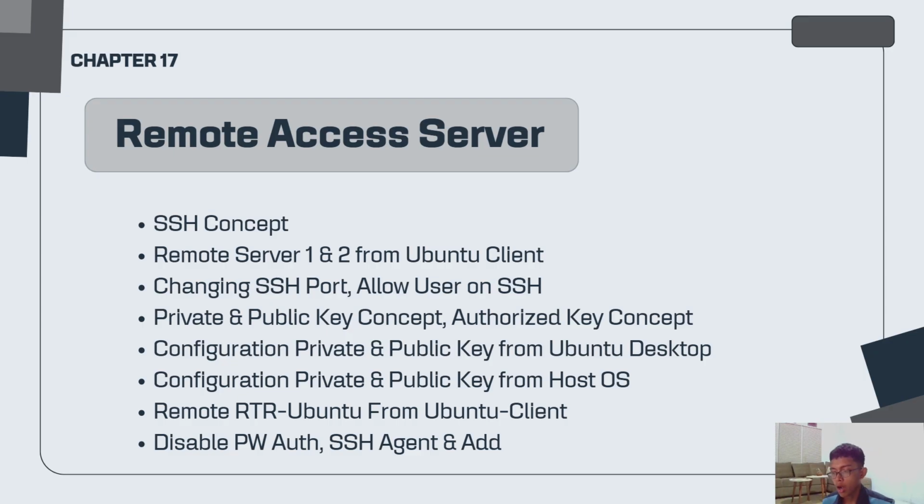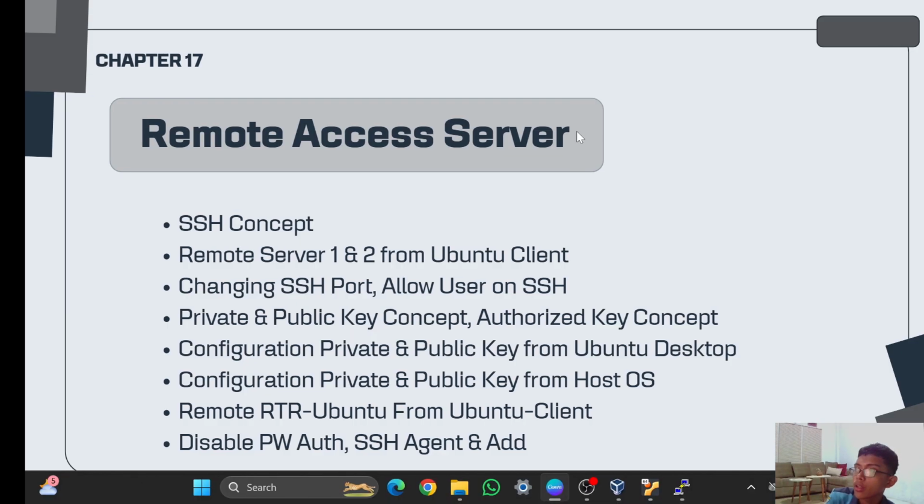And in here I will try to disable the feature of authentication via user and password, so we can only remote the server using the public and private key. So we can remote server 1 and server 2 only from the Ubuntu client. And how to disable the authentication?